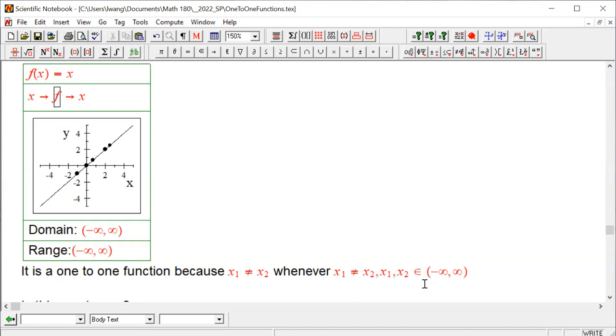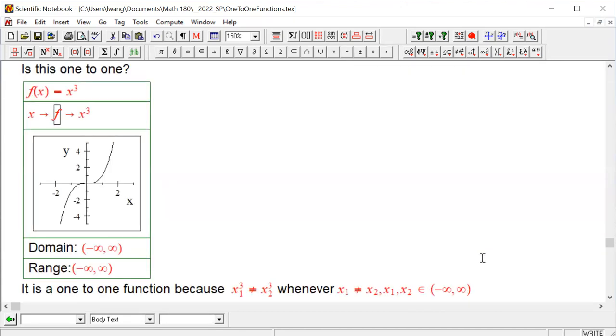The output for input x1, the output for input x2, because the output is always the same as the input, right? So you can address it the way you want.